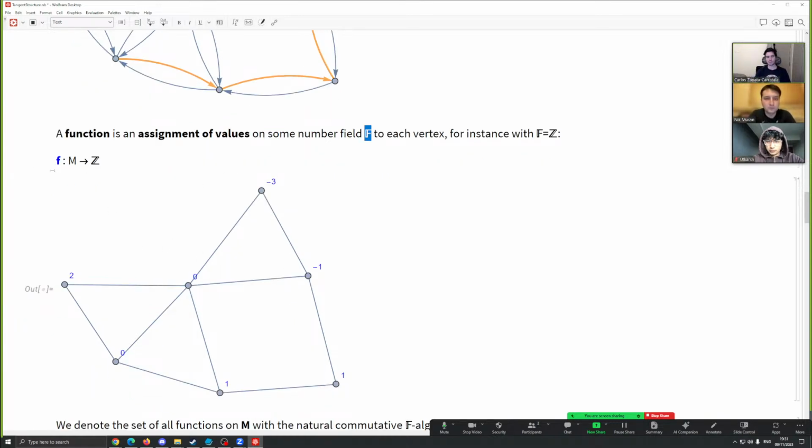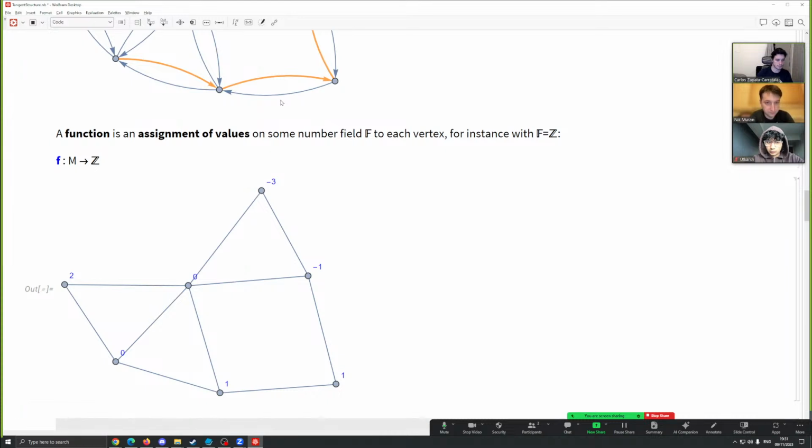So a function in principle has no information about the graph, right? The function is tied to the points. In a manifold, you can just take the set of points and you have functions defined there.